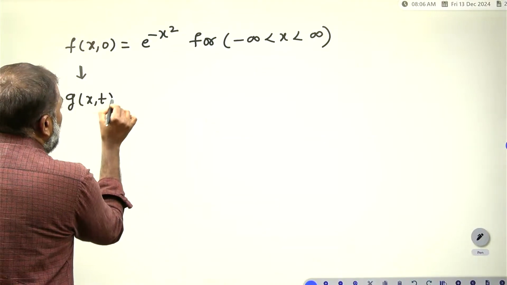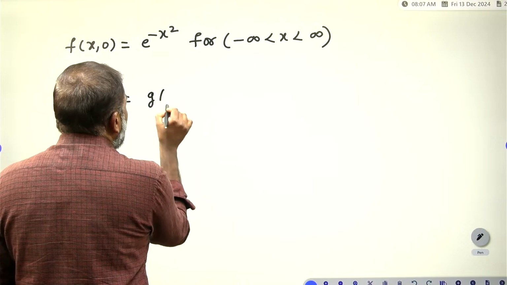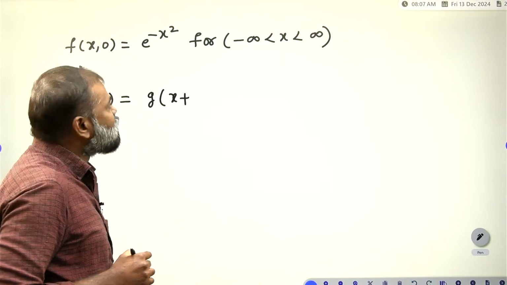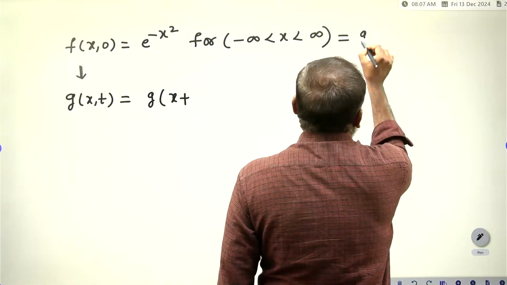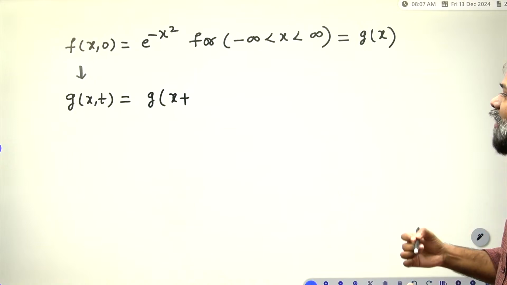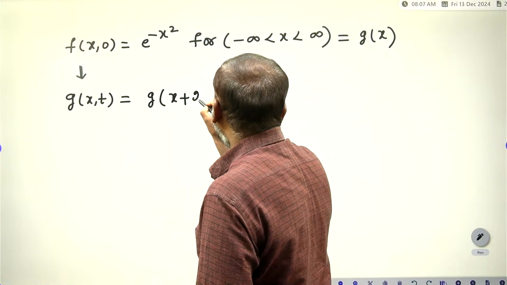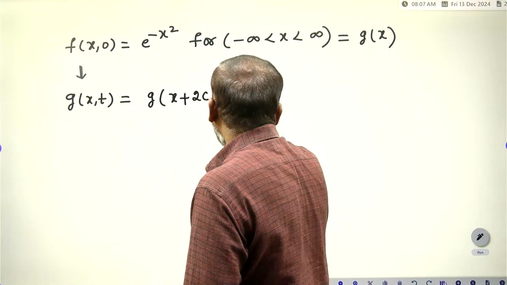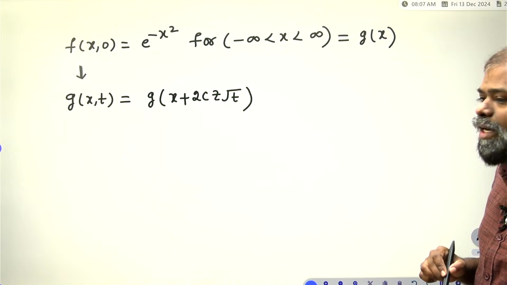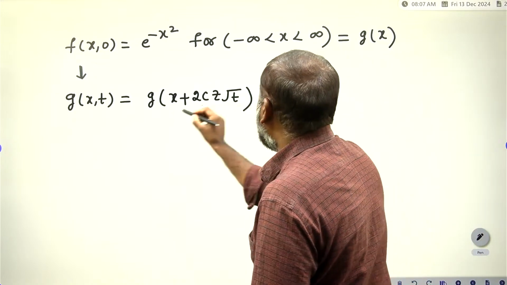Instead of x, we have to consider g of x plus 2c z root t. So g of x comma t is equal to g of x plus 2c z root t, which means we substitute it in place of x.